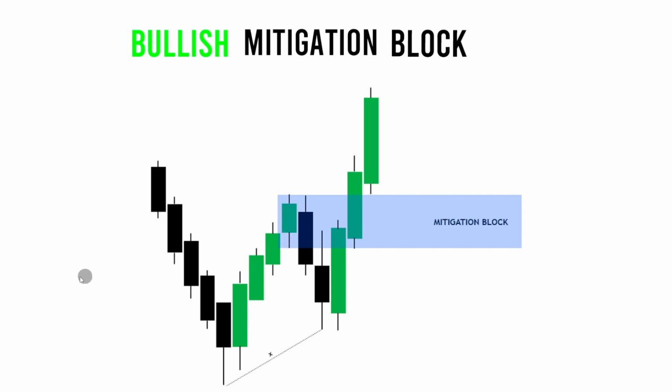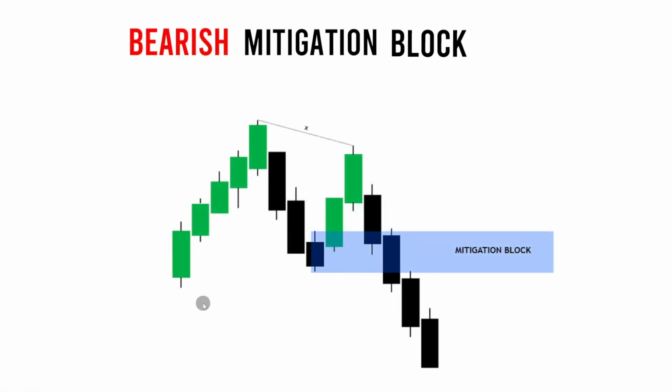The reason that it's called a mitigation block is because it punishes the traders who went long right before the market structure shift happened. Right here at this short-term low, a lot of retail traders went long. What happened was they probably went into drawdown here, unless they took very fast profits, which they probably didn't. So they went into deep drawdown.